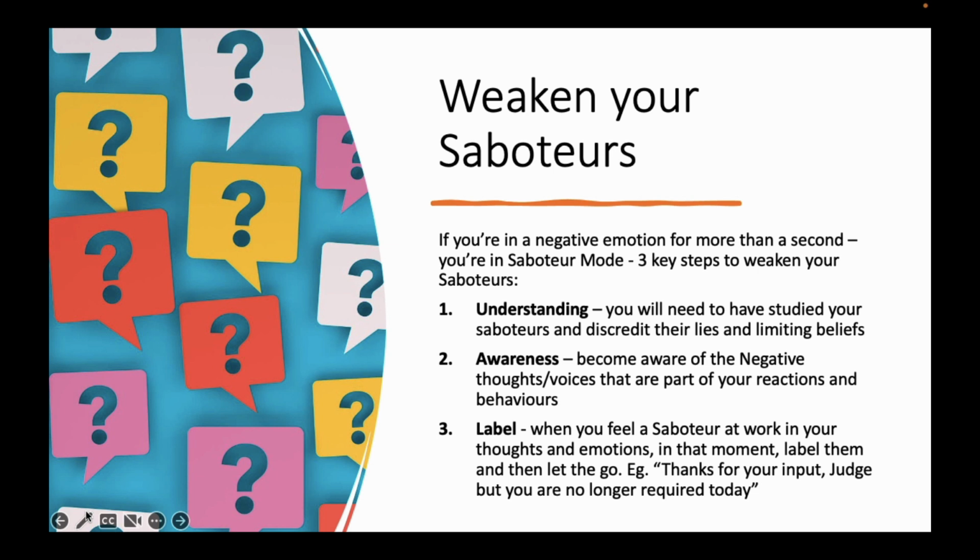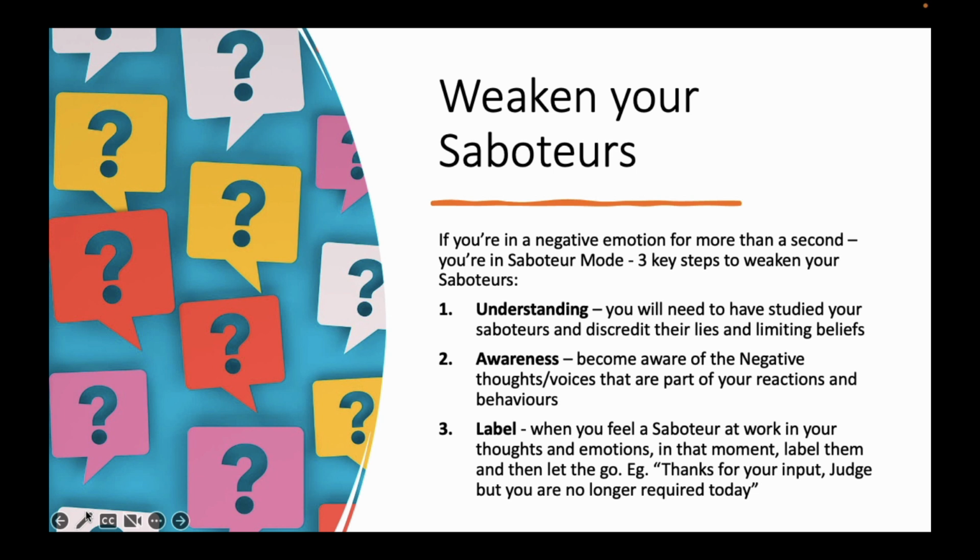Once you've got a better understanding, you can start to get some awareness of what the negative thoughts and voices in your head are and how your reactions and behaviors are modified as a result. Once you've got that awareness, you can start to label them, right? So when you feel a saboteur at work in your thoughts and emotions, in that moment, label it and then let it go.